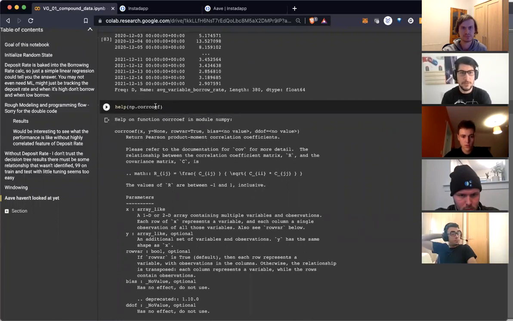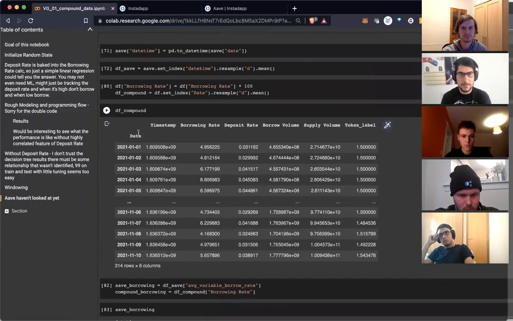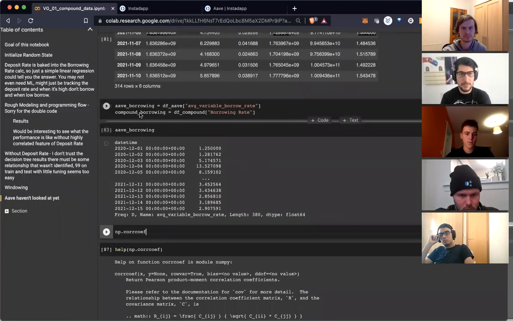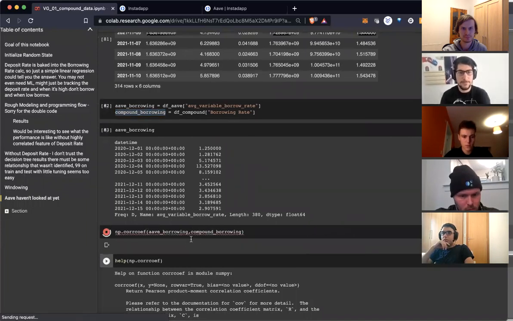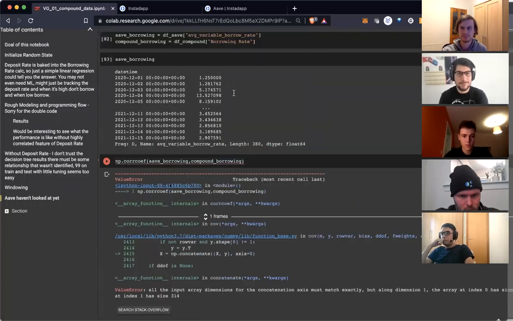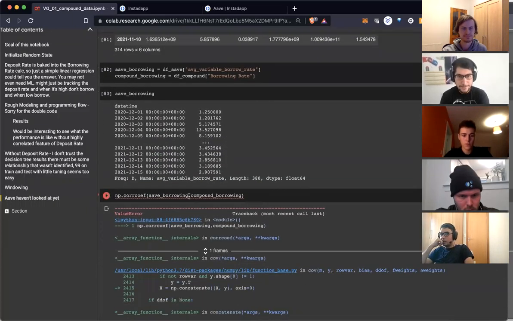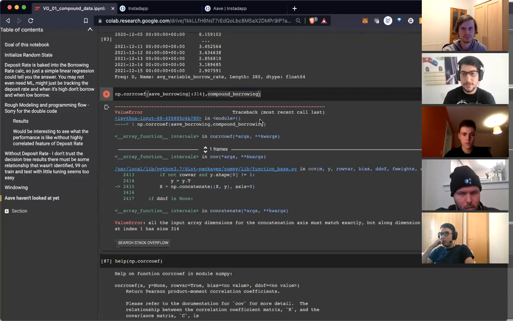Nice. I have a feeling they're gonna have to be the same size, but we'll see what happens. They might not be. I wonder, because they're both time series, so maybe. That's it. Yeah. Getting that backward. No, that's right. Okay. That is right.